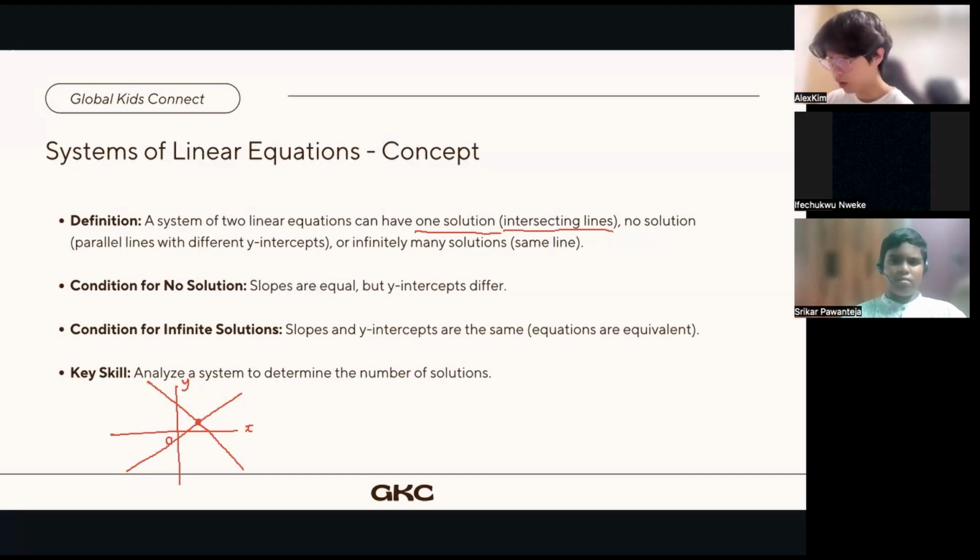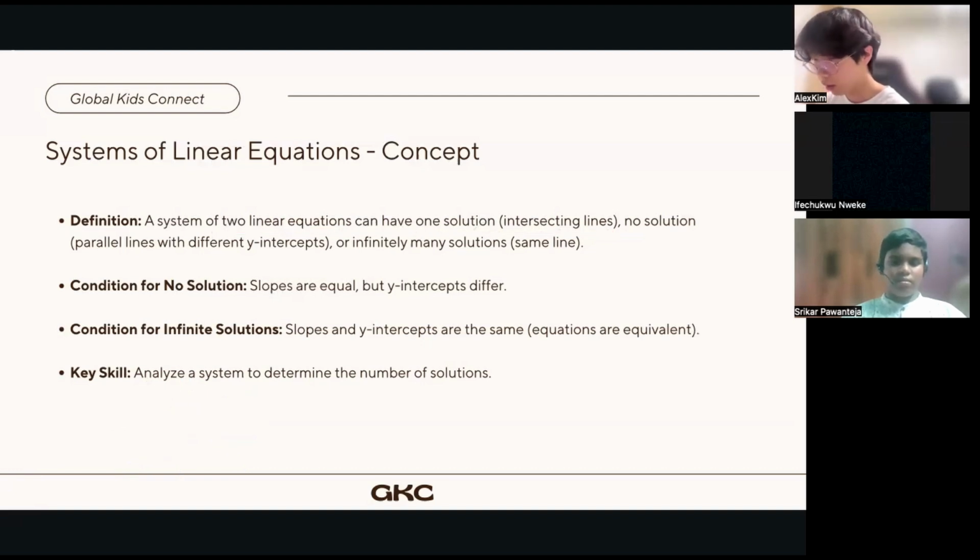This point, with x and y values x1 and y1, is a solution to both equations and both lines. We call that a solution of two linear equations. So when there's only one solution or a single point, then it is an intersecting line.